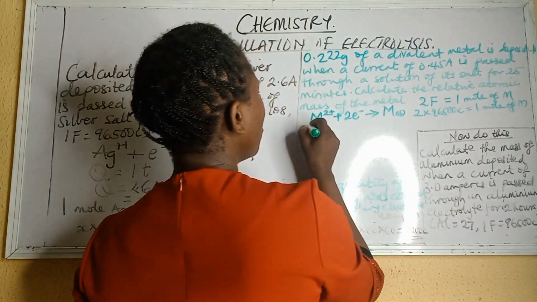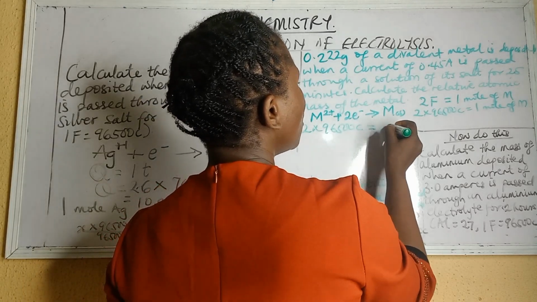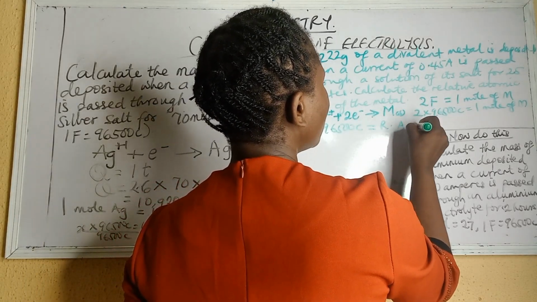So 2 times 96500 coulombs gives us the relative atomic mass of that element.